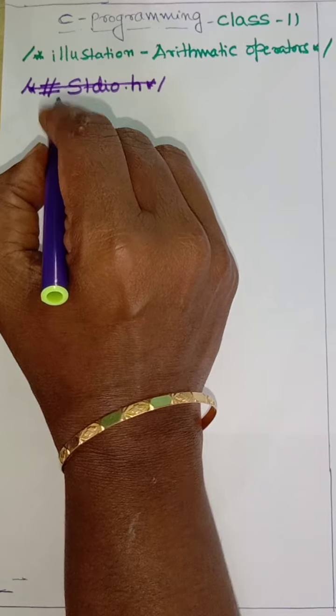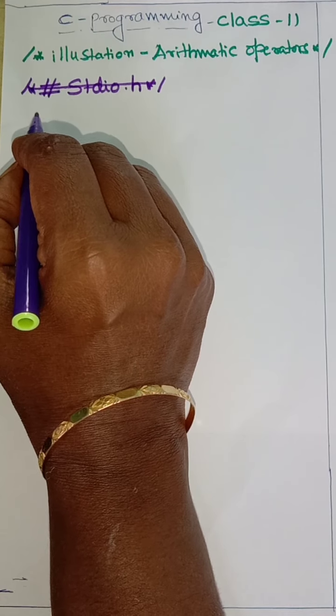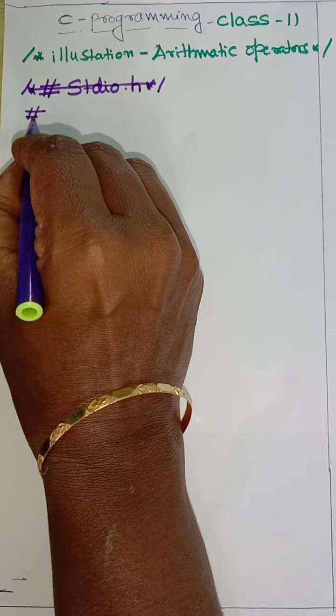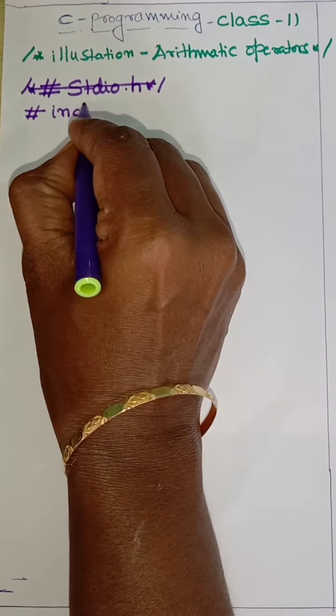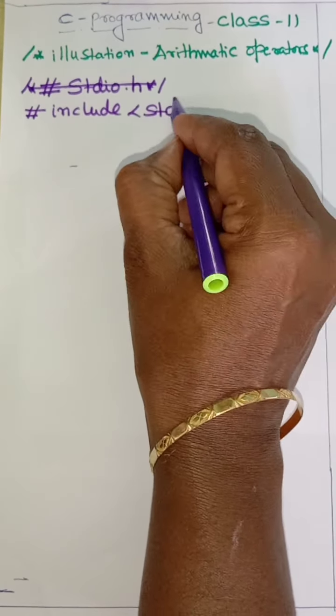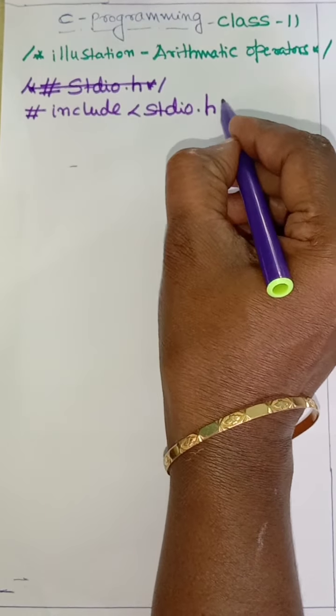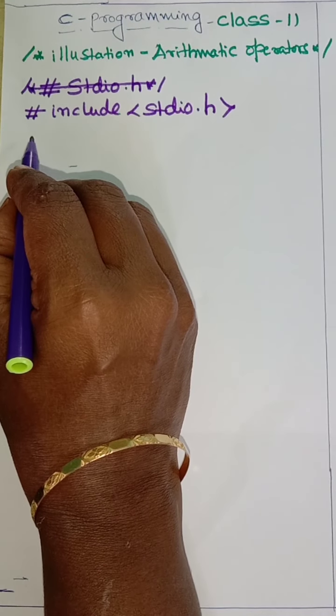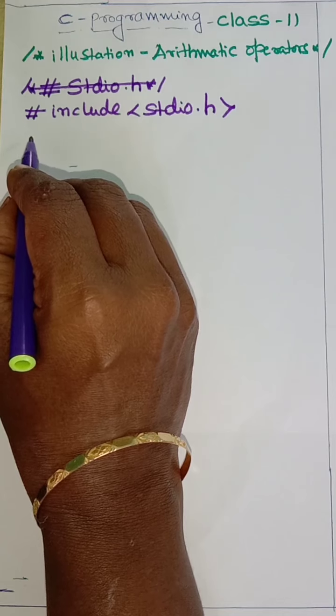Okay, but for safety purposes, usually we write this hash include. What do you have to write? stdio.h.